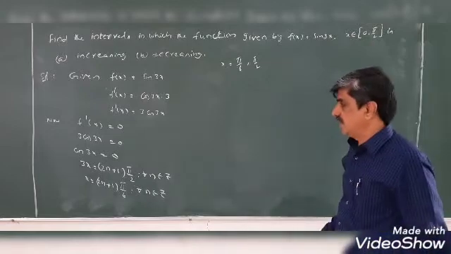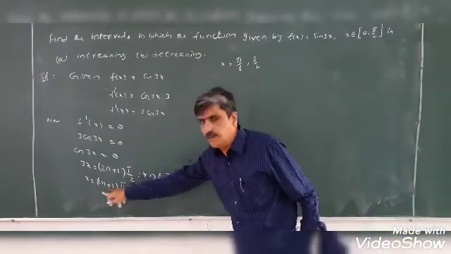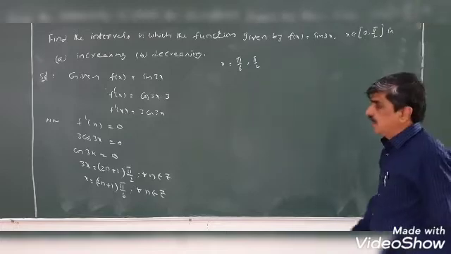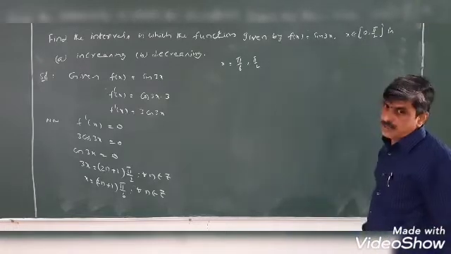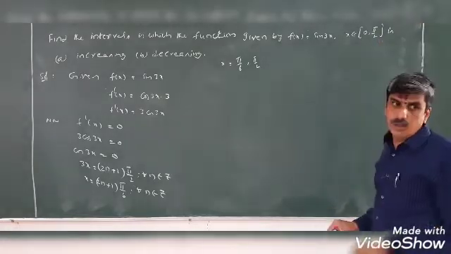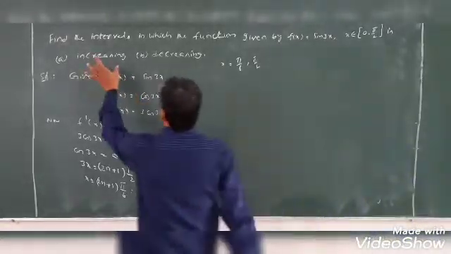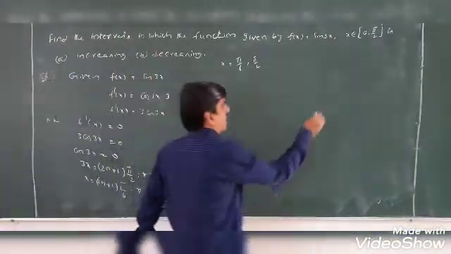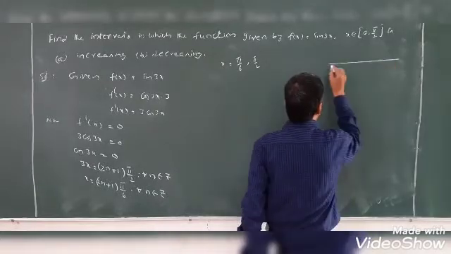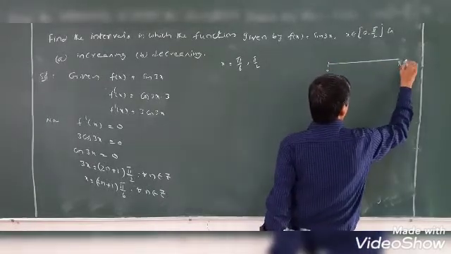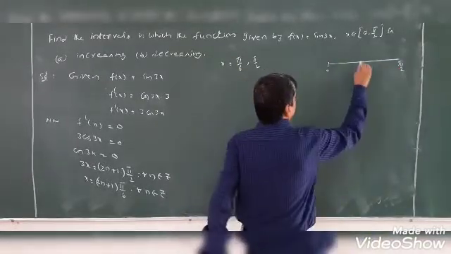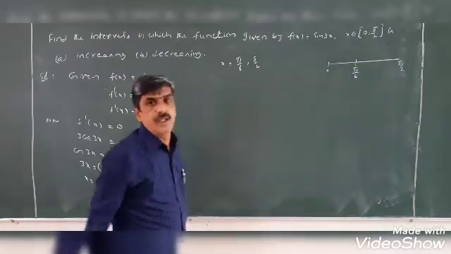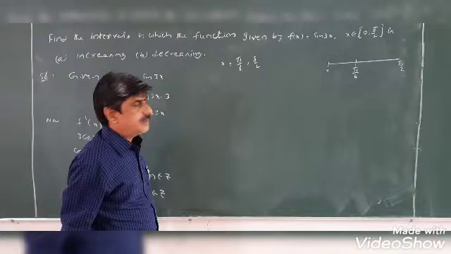If I write n is equal to 2, 3, 4 and so on, those values exceed this interval, so we don't take them, because only in this interval we have to find whether the function is increasing or decreasing. So in the interval 0 to pi by 2, this is 0 and this is pi by 2. In between there is one more point, that point is pi by 6.